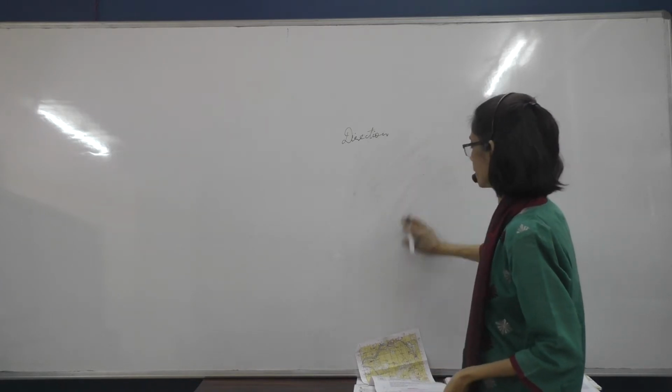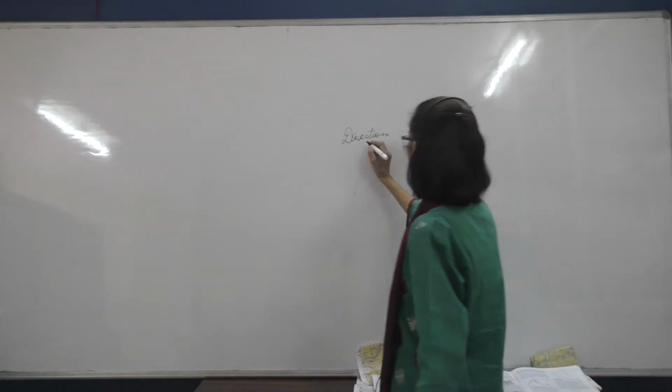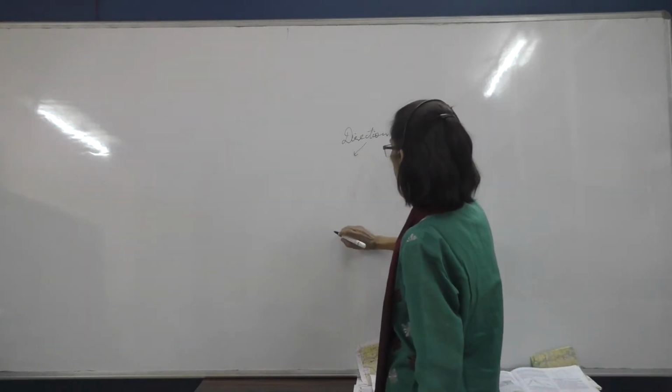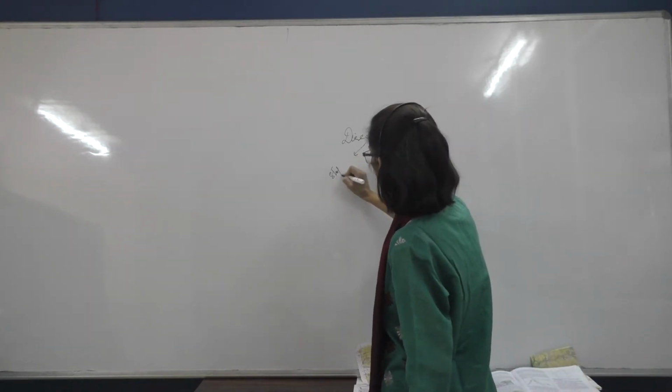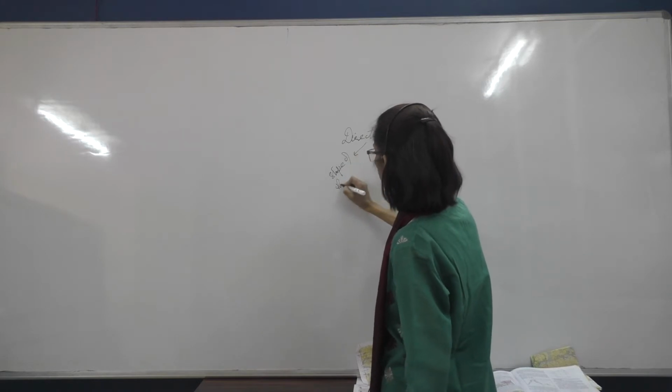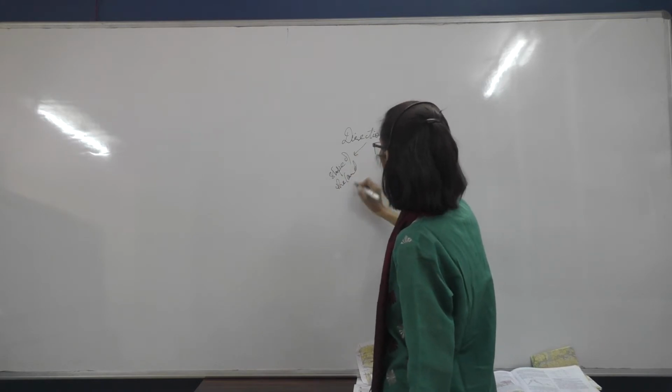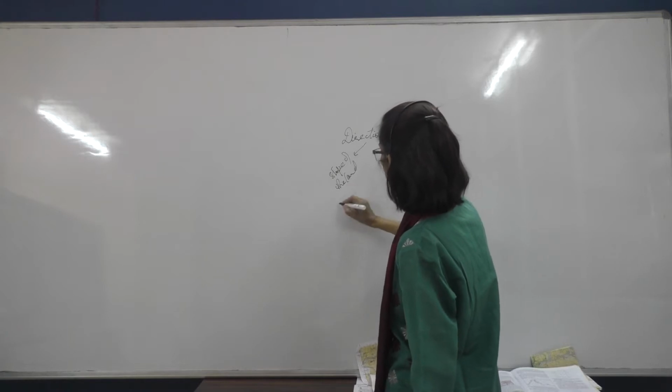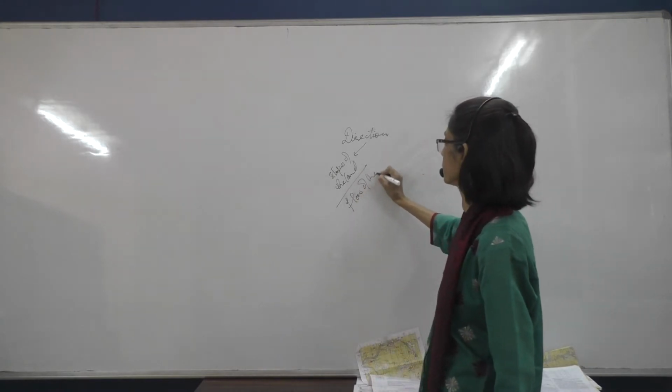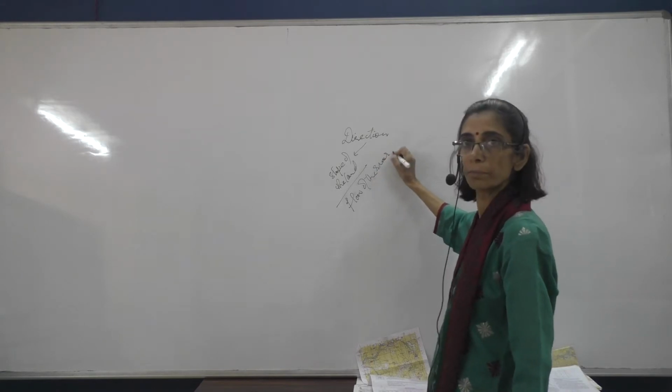Okay. Now directions can be understood from the point of view of slope of the land, or flow of the river.